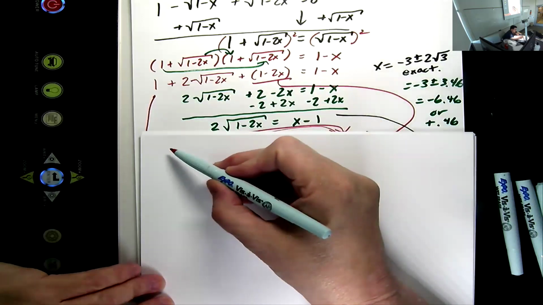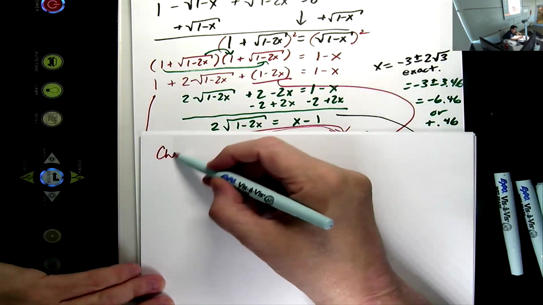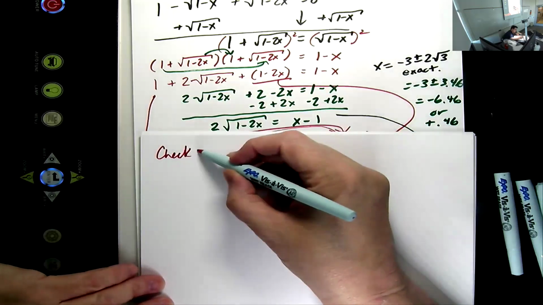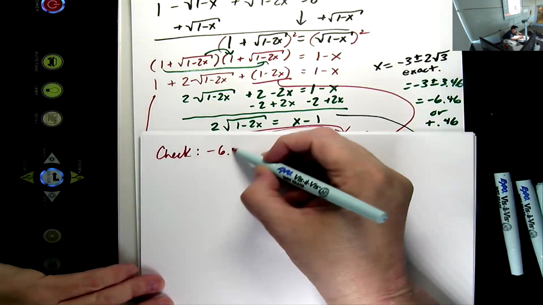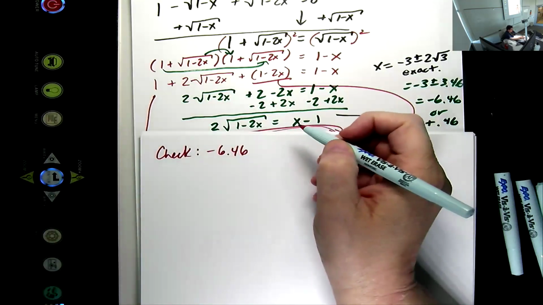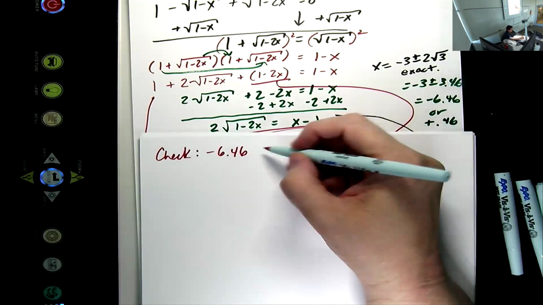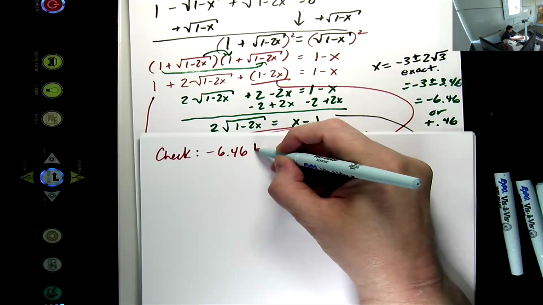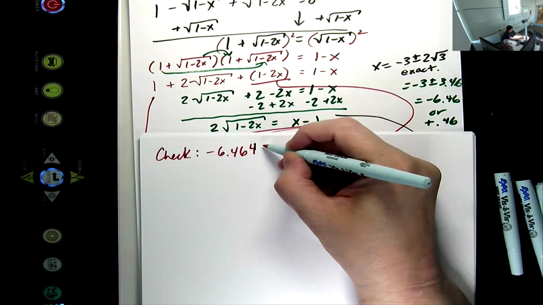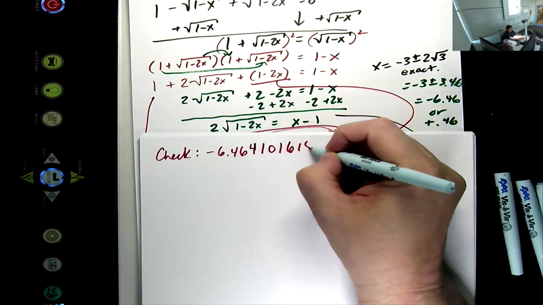Pretty cool. So let's check them both. The negative 6.46. I did some rounding. I'm going to add a lot more decimals here.